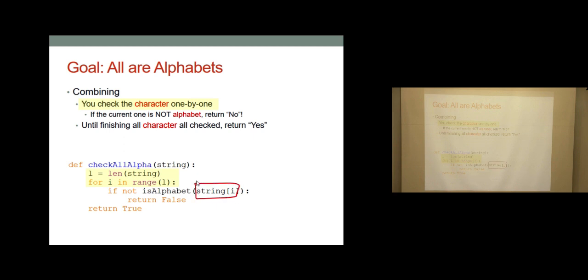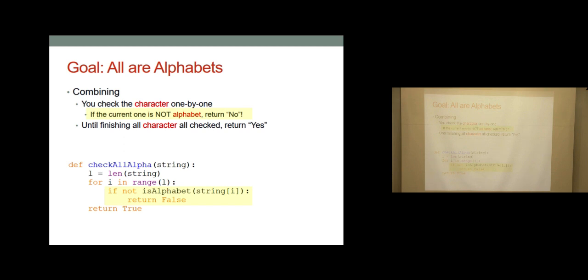You see that i will go from 0, 1, 2, 3, 4 until length minus 1. So string[i] will access each of the characters. And you ask, if not alphabet, then return false. You can see it's a direct translation.